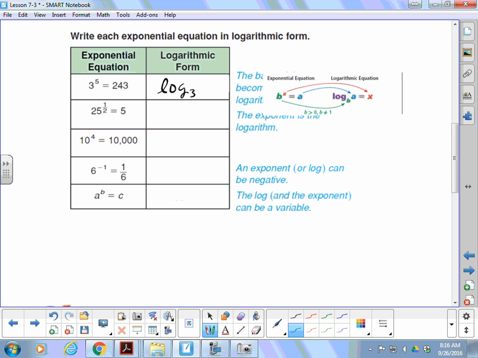What it equals is here, and then that equals whatever the exponent is, in this case 5. So log base 3 of 243 equals 5.